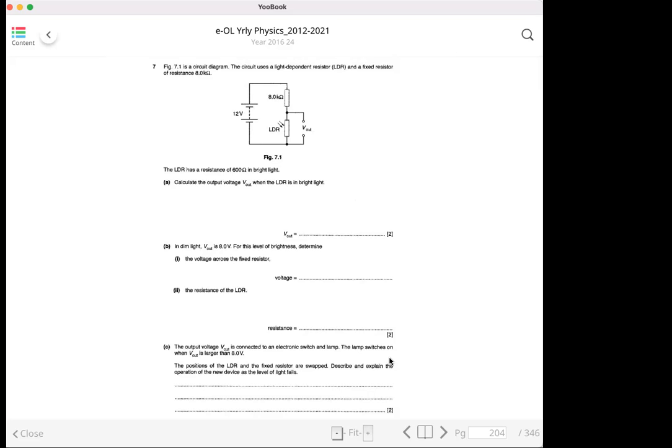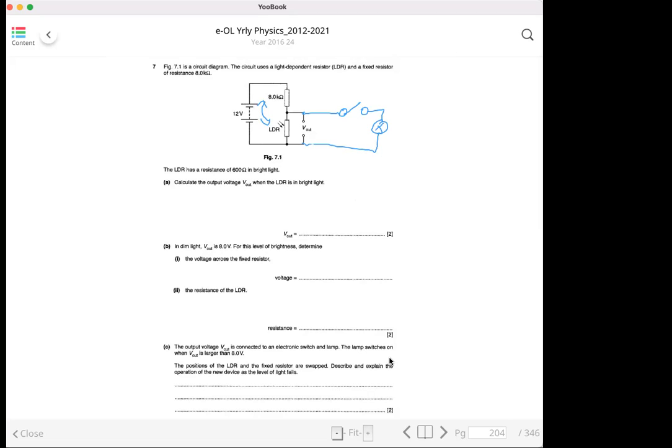So this now connects to a switch and a lamp. And the lamp will only switch on when the V out is larger than 8. So the position of the LDR, oh, okay, these two things swap. Describe and explain the operation of the new device as the level of light falls.